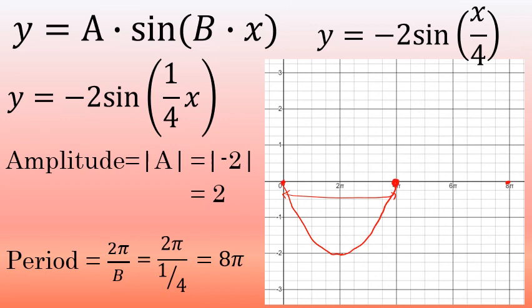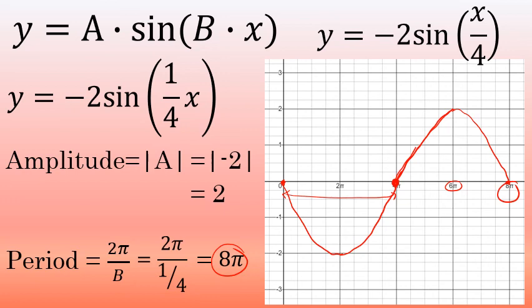And then we'll go above the x-axis, the number of units defined by the amplitude, 2 in this case. Halfway between 4 pi and 8 pi is 6 pi. And that's the highest point in this graph before it falls back down again to the x-axis after 8 pi radians, the value of our fundamental period.